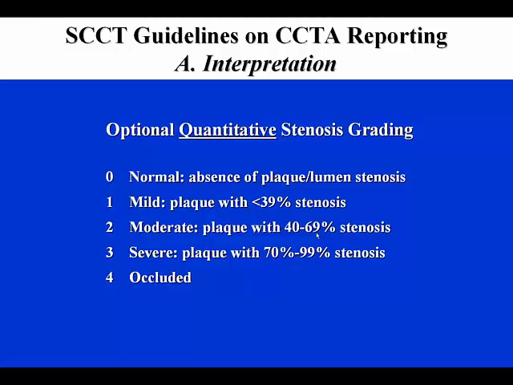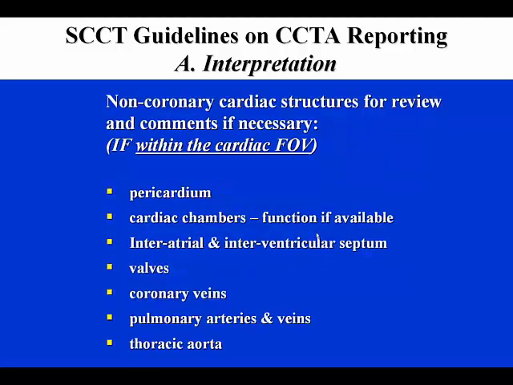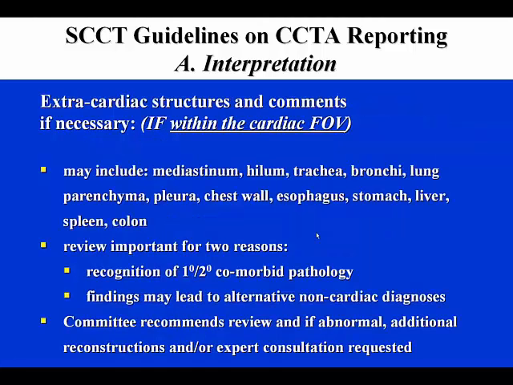Non-coronary cardiac structures also should be reviewed, including the pericardium, cardiac chambers, interatrial and interventricular septum, the valves, the coronary veins, the pulmonary arteries, and the thoracic aorta. Extracardiac structures should be commented on if they're included in the cardiac field of view and may include the mediastinum, hilum, trachea, and other surfaces.